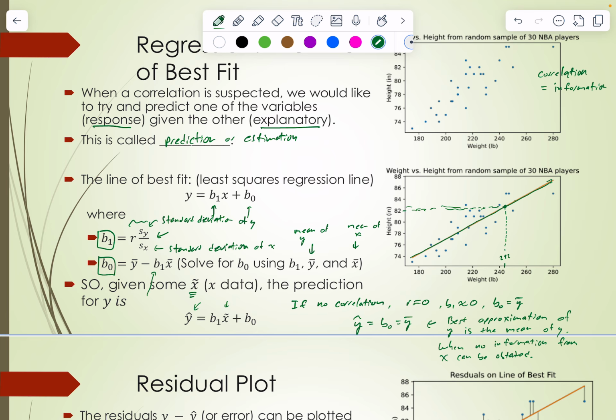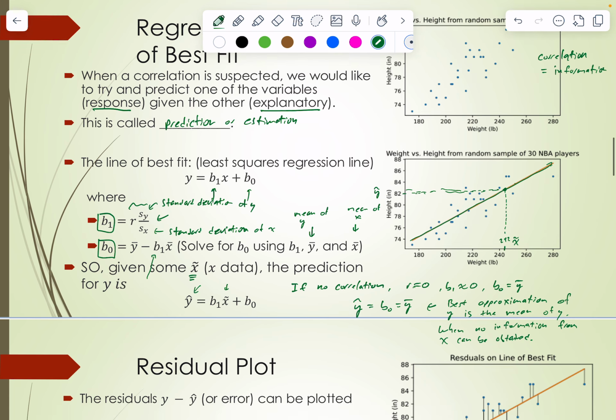And that's, given the data, our best guess of their height, given that they weighed 242 pounds. So this here is going to be my y hat. This here would be my x tilde, and that's how I approximate y, the weight.